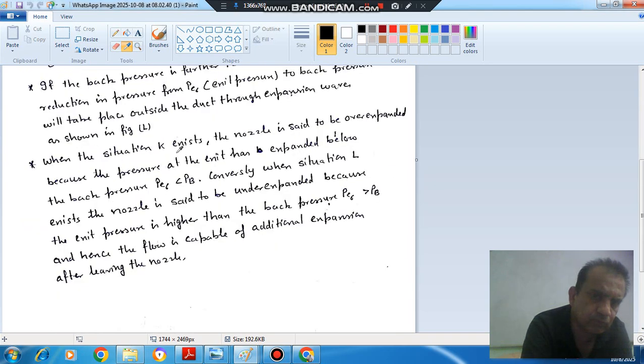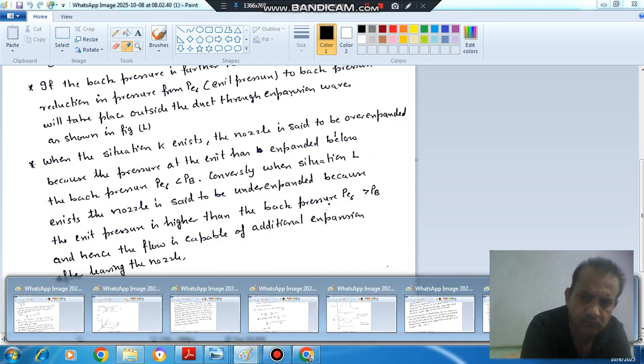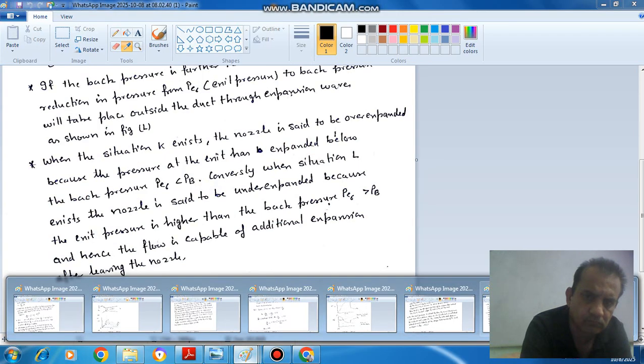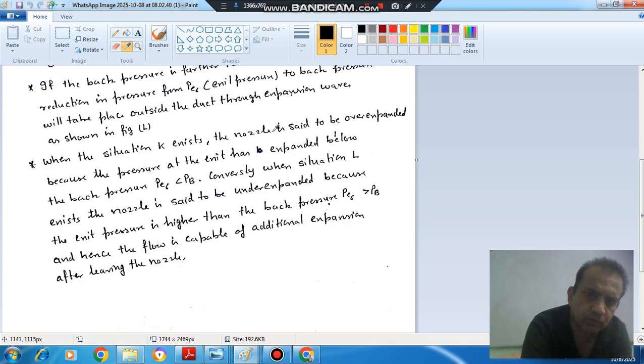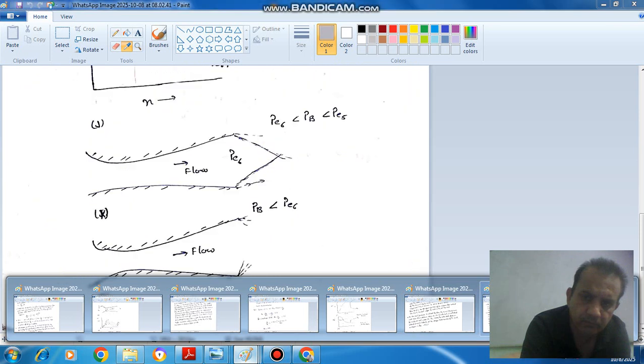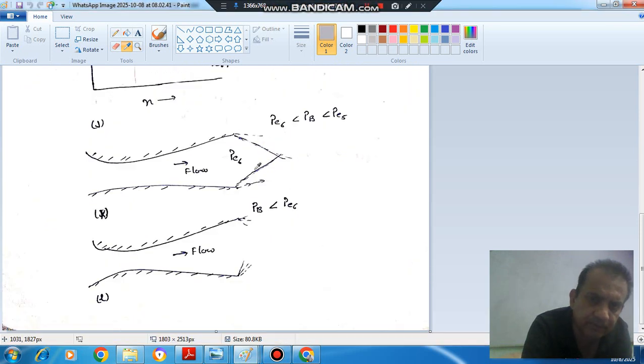So when situation K exists, this is the first situation, K, the nozzle is said to be overexpanded. Why overexpanded? Because outside the nozzle compression takes place due to this oblique shock.